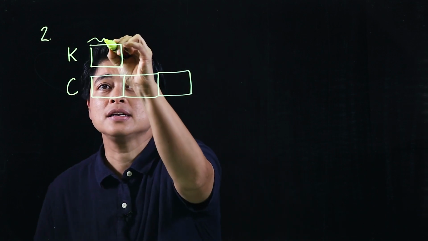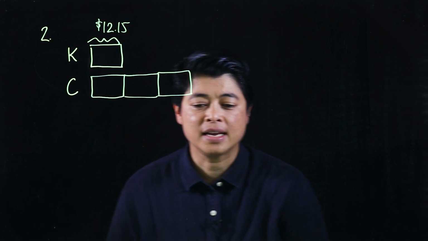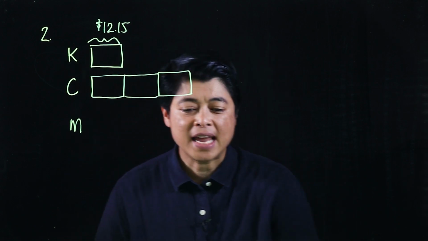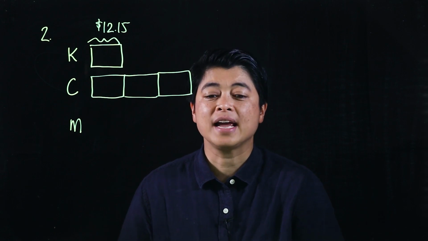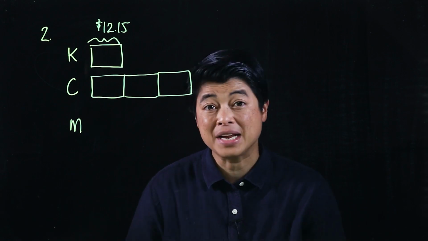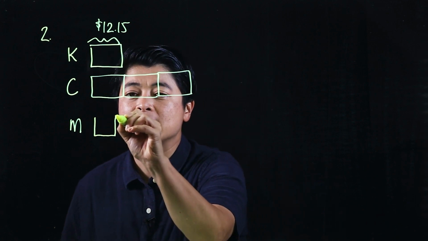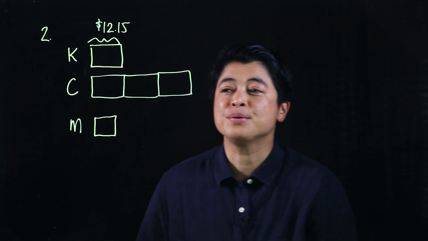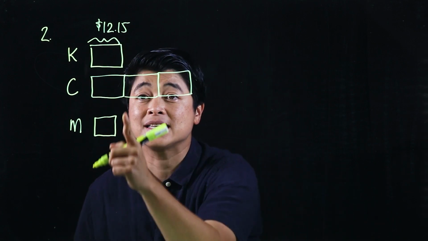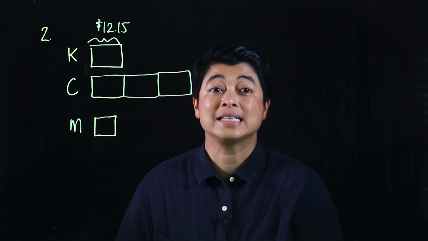Kit is $12.15. Then it says Mia saved $24.50 less than Carl. In essence, we really don't know where that's supposed to be, but in their drawing, it's like that. If you don't know, just draw a box, but don't make it the same size as Kit because we don't know if it's the same.